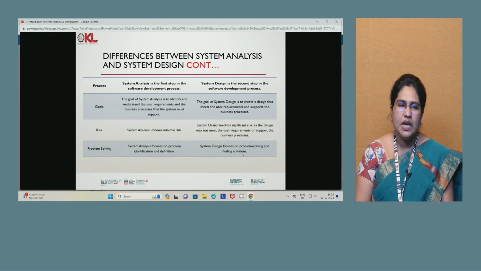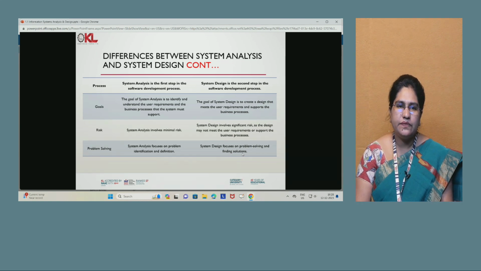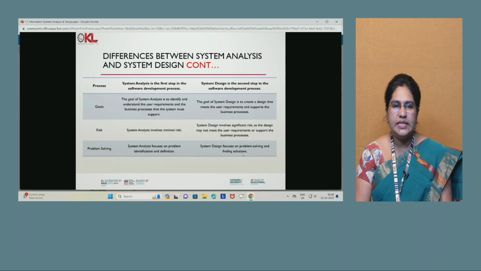Again, continuing with the differences, in the process also we can see some differences. In analysis, it is the first step, and design comes under the second step. So what is the goal of system analysis? It is going to analyze and identify the user requirements. In the system design, it is going to support the business requirements or business processes.